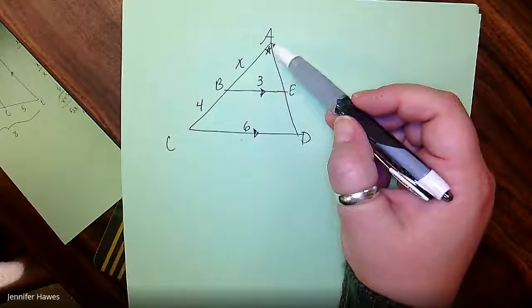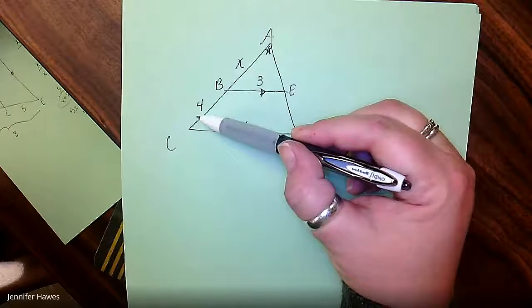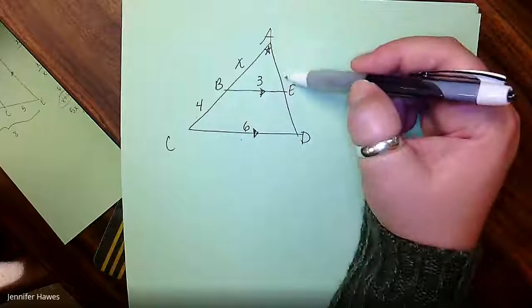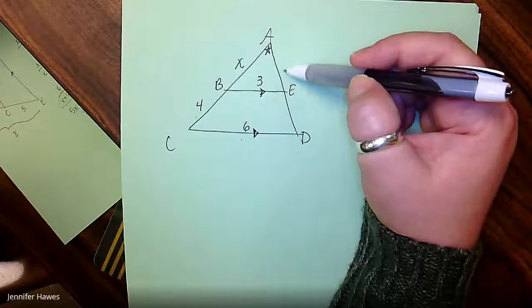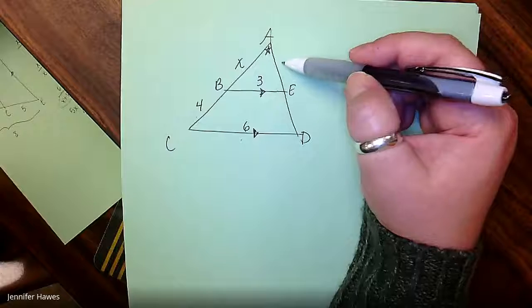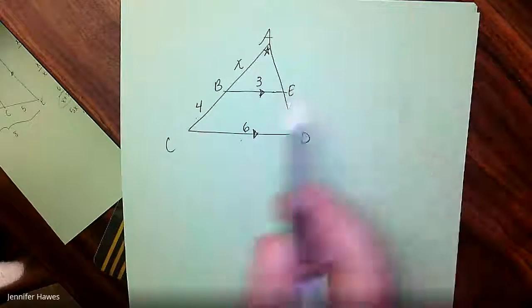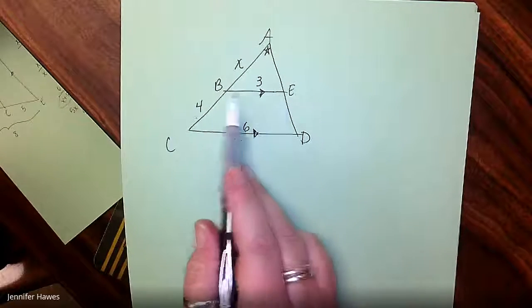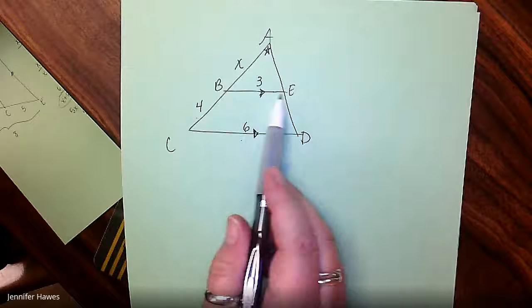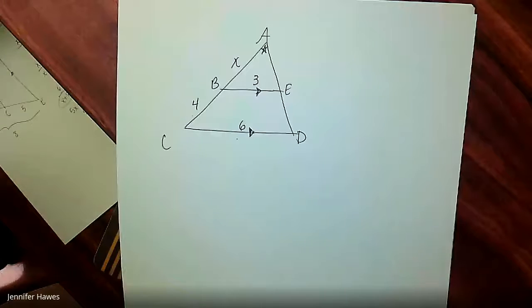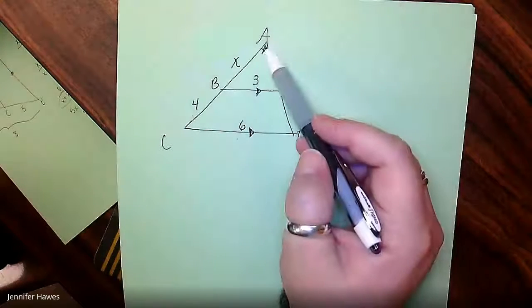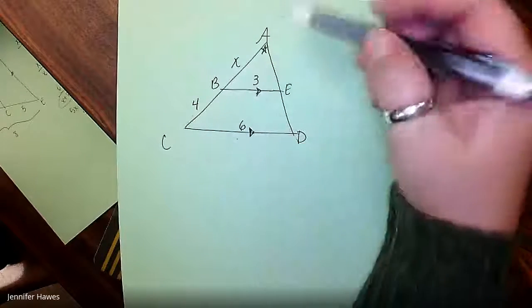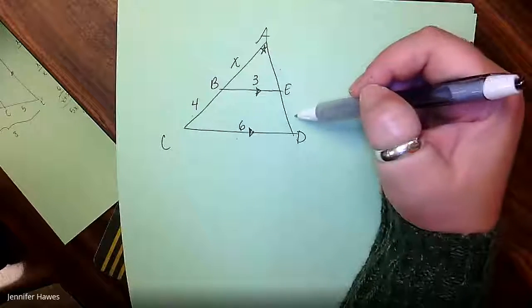So if you're going to do X over 4, you have to have part of the big, because remember that has to do with the big triangle. You'd have to have this part and this part. These aren't parts. This is a side. So the only time you can do that X over 4 is if you come back here and you have this over this.